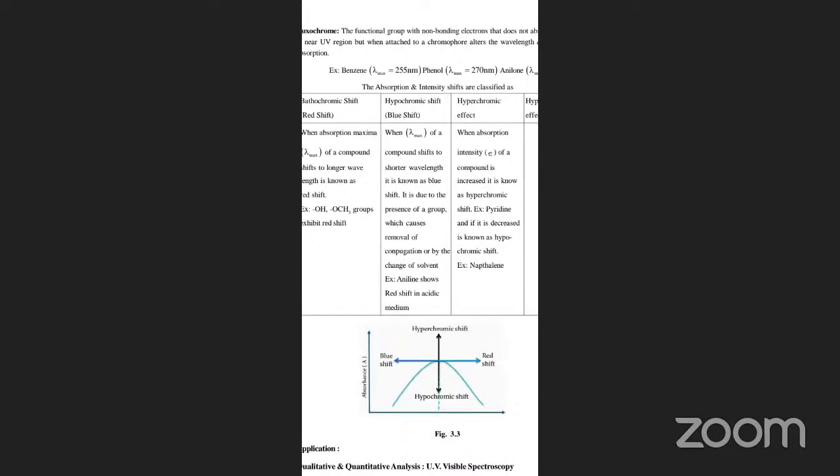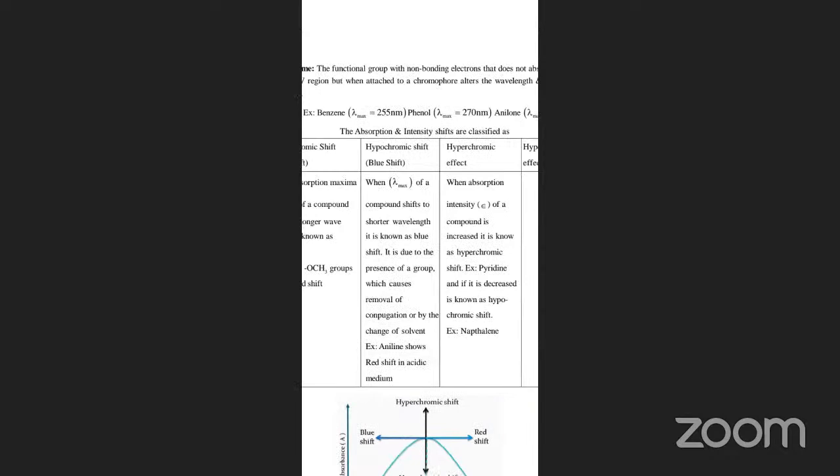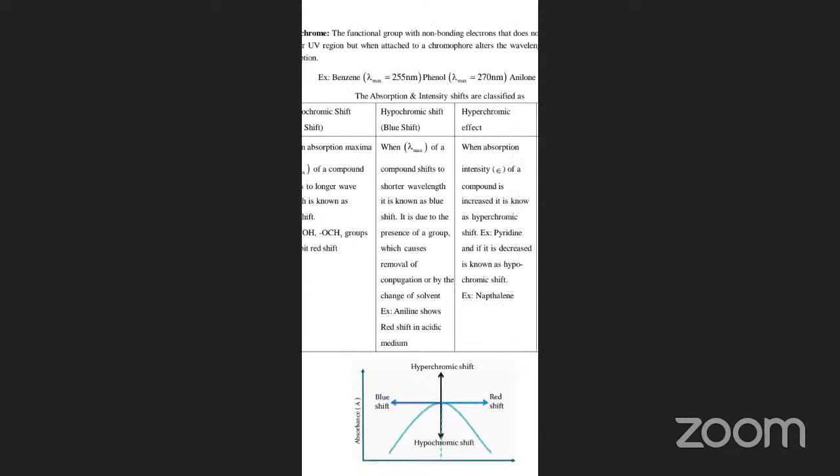Benzene, lambda max is equal to 255 nanometer. Phenol, lambda max is equal to 270 nanometer. And aniline, lambda max is equal to 280 nanometer. Therefore, the absorption and intensities are classified as bathochromic shift, hypsochromic shift, hyperchromic effect and hypochromic effect.